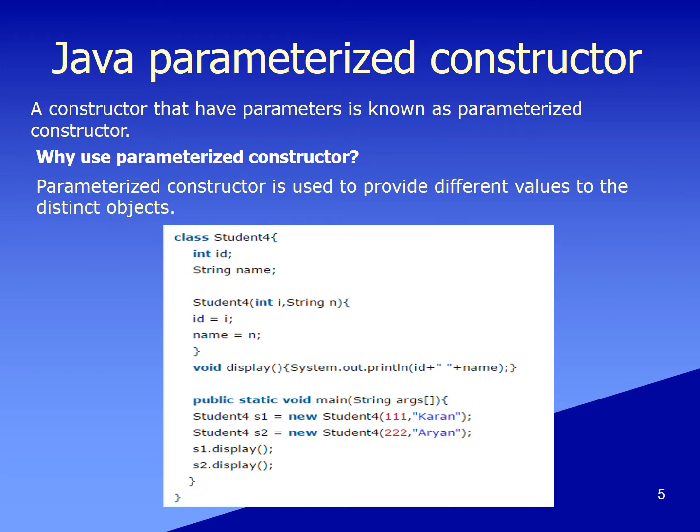With that object you can pass parameters like 11 comma a name to Student4, and you can create another object like s2, and through this s2 you can also pass different data to the same type of constructor. Now you can call s1.display and s2.display.